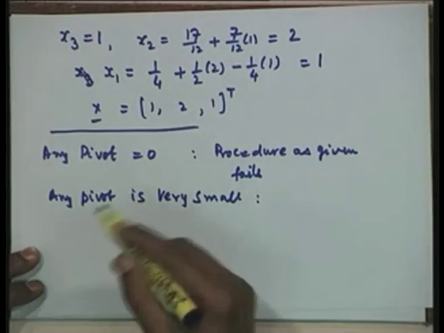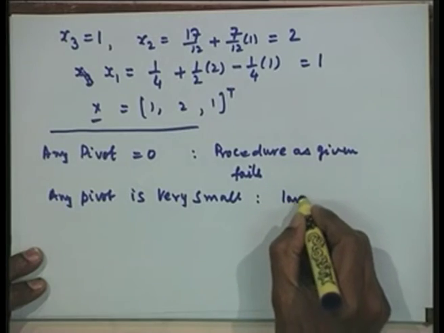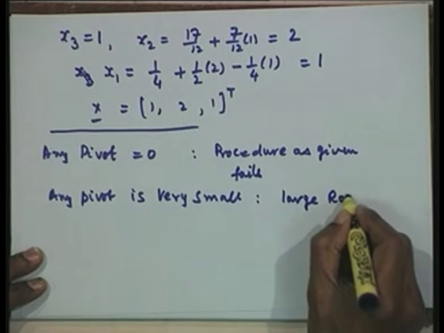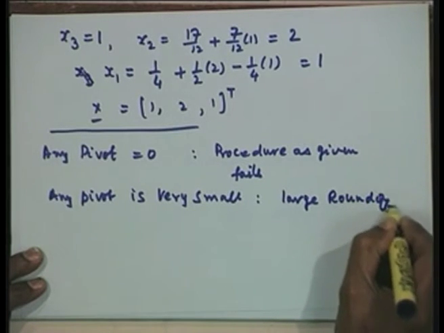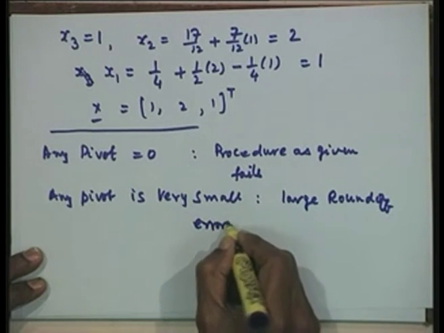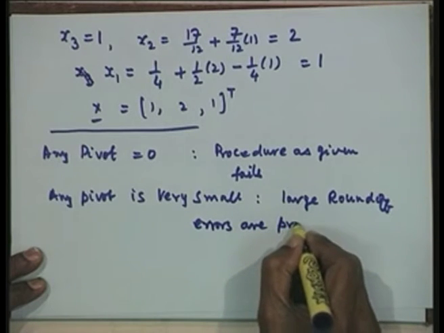Let us suppose a pivot is 10 to the power minus 6. In the next step we are dividing by the pivot, that means we are multiplying by 10 to the power 6. Therefore, the numbers become very large, and you are introducing a tremendous amount of round off error. Large round off errors are produced.